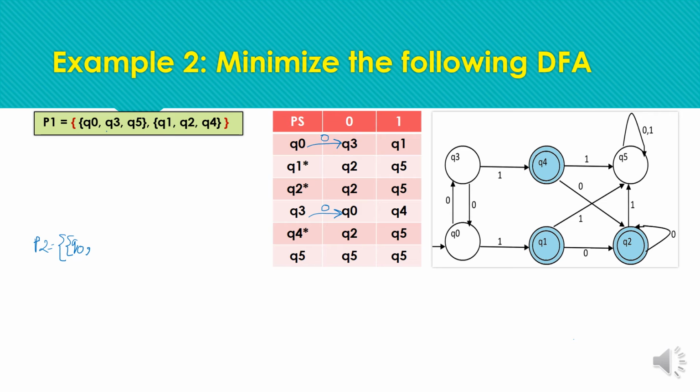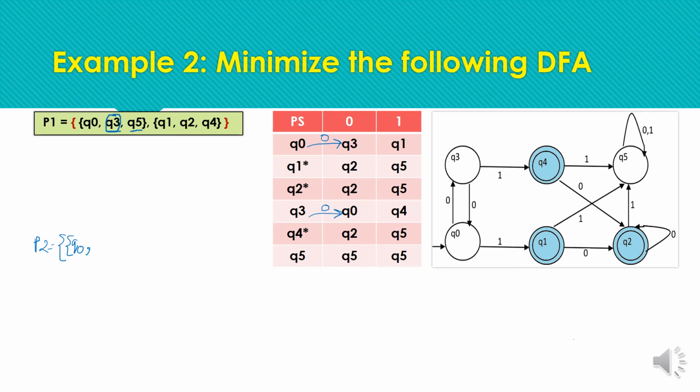Firstly we are checking whether Q3 can reside with Q0 or not. Next we have to check whether Q5 can reside with Q0 or not.